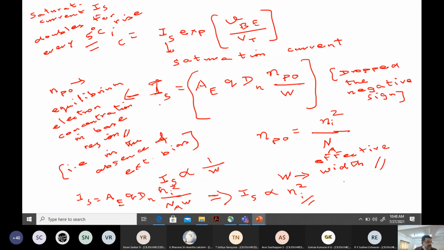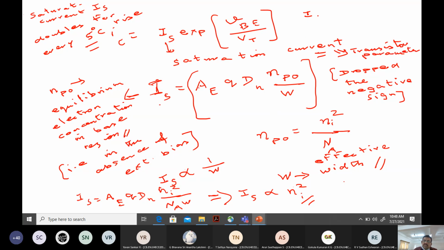Another fact about the saturation current: here it is a transistor parameter, because we are dealing with transistor operation now.